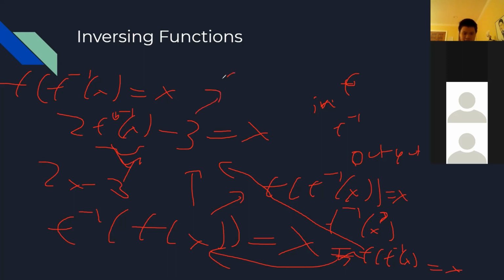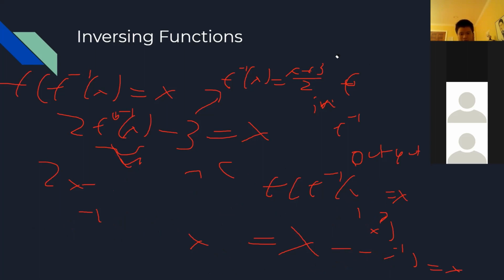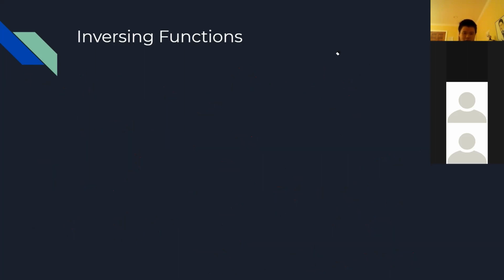And as such, solving for this variable in terms of x, we get that the inverse is x plus 3 over 2. So this worked out for linear equations. You can try it out with other linear equations, but they pretty much all work.